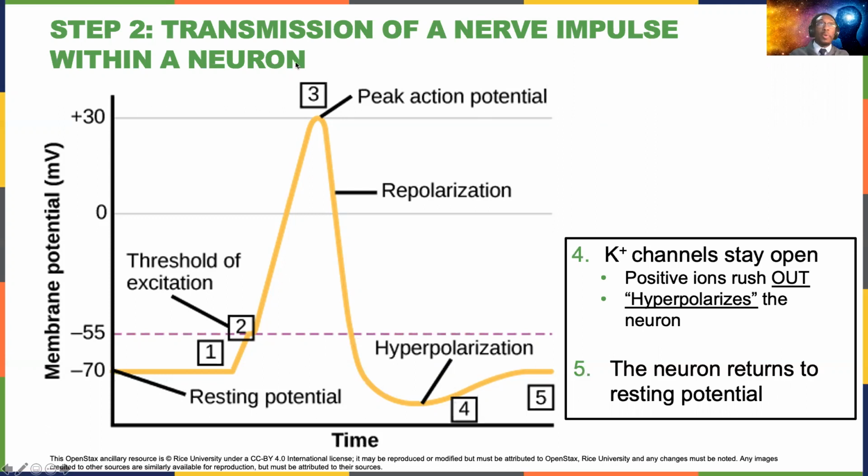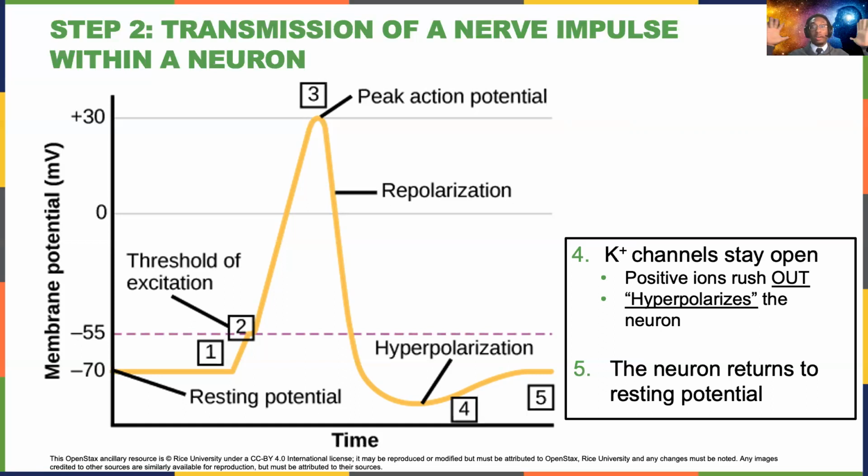So in depolarization, in this kind of rising action, you have a positive pole and you have a negative pole. The outside of the cell is very positive and the inside of the cell is very negative. During depolarization, they become more similar. The inside of the cell becomes more positive and it becomes more like the outside of the cell. So it's being depolarized.